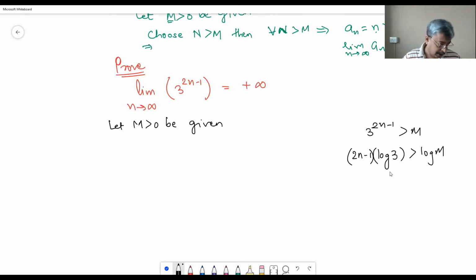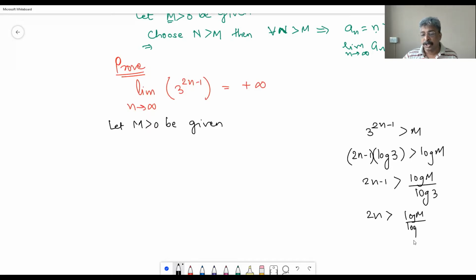Now log 3 is greater than 0, therefore 2n minus 1 should be greater than log M upon log 3. So 2n should be greater than log M upon log 3 plus 1, and therefore n should be greater than half of (log M upon log 3 plus 1).